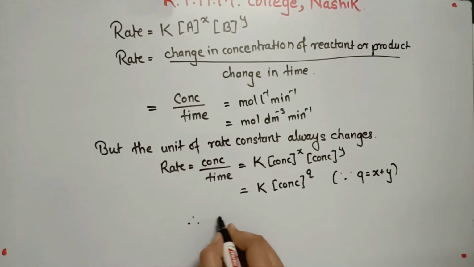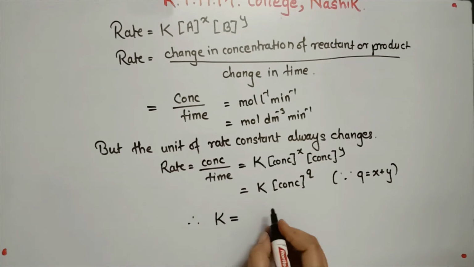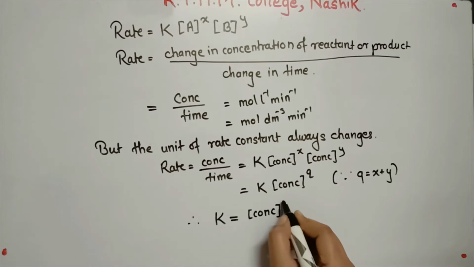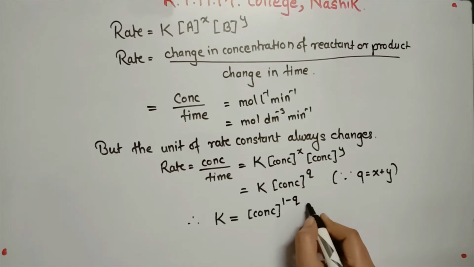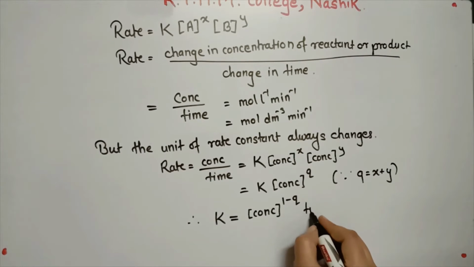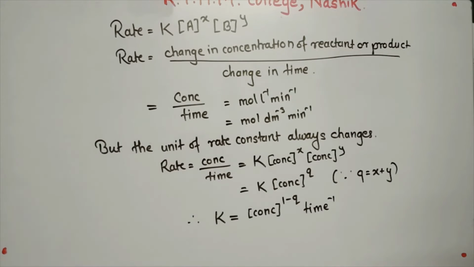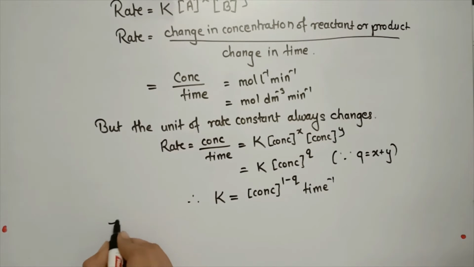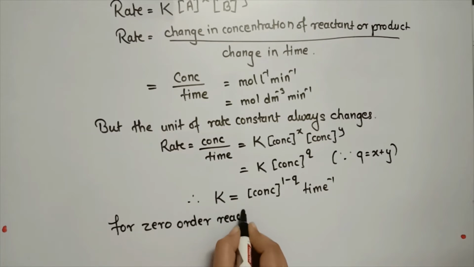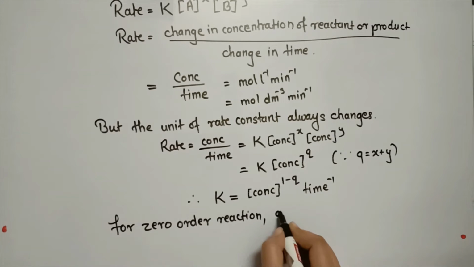So therefore K is equal to concentration raised to 1 minus Q per time. Okay, per time. So for zero order reaction, Q is equal to 0.